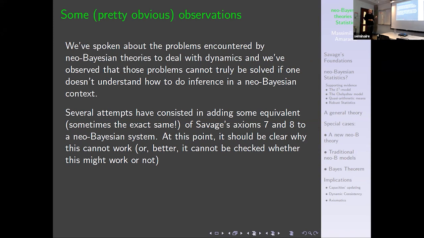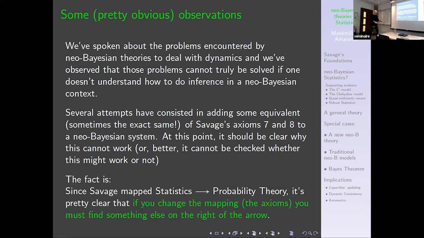Why? What do I mean? Even check if this works on me. Because Savage did this. Okay, the mapping here is the axioms of Savage, that system that I've written before. If I change the mapping, evidently here I should find something else and not find the same thing. This should grant me that this is obvious.